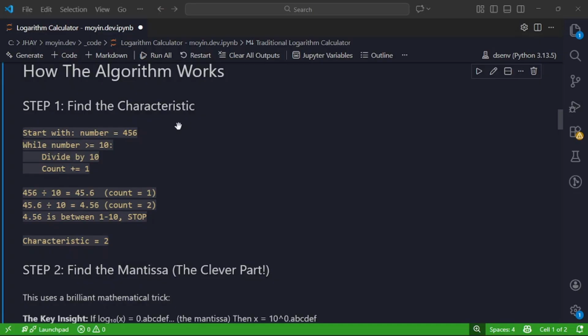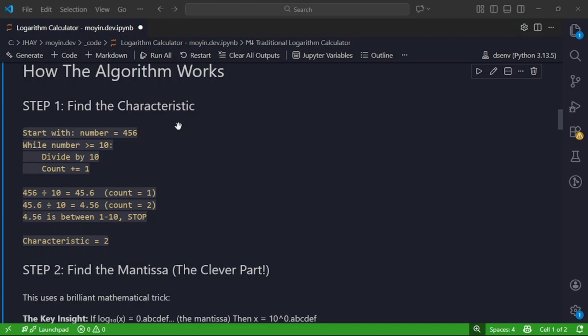So as we continue, while number is greater than or equal to 10, divide by 10, count plus equals 1. For every time this number is divisible by 10, 1 is added to count. So when we do 456 divided by 10, we get 45.6. Count is what? 1.